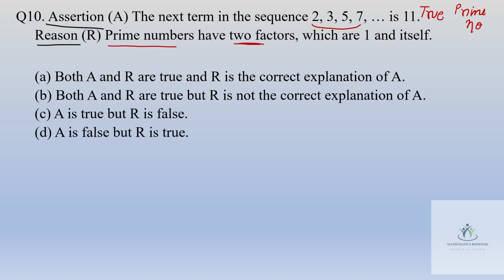This is also true: 1 and the number itself. In the assertion, we are talking about prime numbers, and this reason is also about prime numbers. Hence, both A and R are true, and R is the correct explanation because we are talking about prime numbers only. So, answer is A.